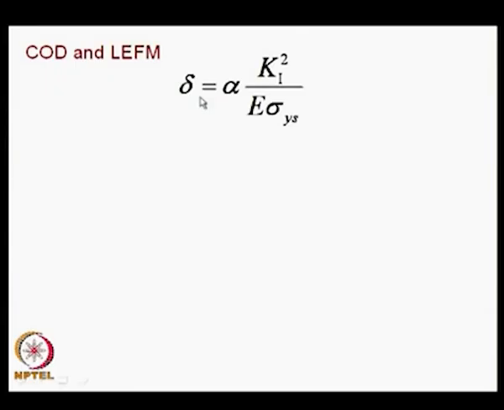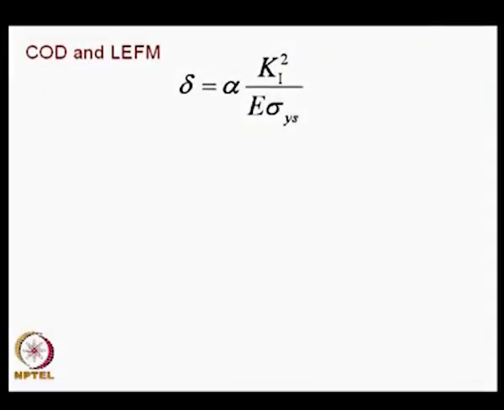So, what you do is you have the expression for COD like 4 sigma by E into crack length minus the distance. So, you put that as effective crack length. Effective crack length is a plus the plastic zone length divided by 2, rp by 2. If you substitute those expressions, you can find a relationship between the crack tip opening displacement and K.